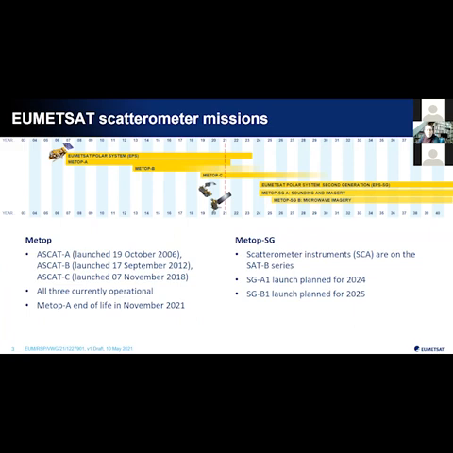So the replacement systems for that are already being built, and for the EPS-SG, for this EPS second generation, we will have basically satellite A and satellite B series, and the scatterometer will be on the B series, and you can see the planned launch dates.